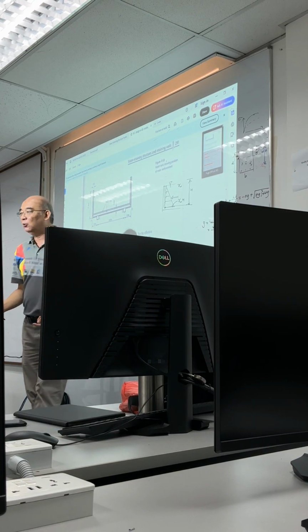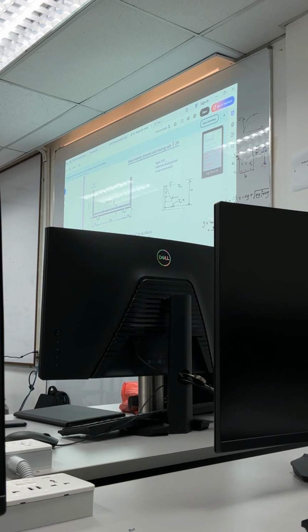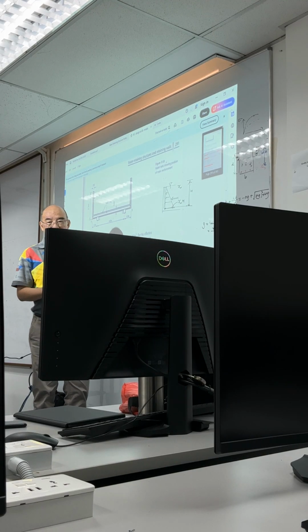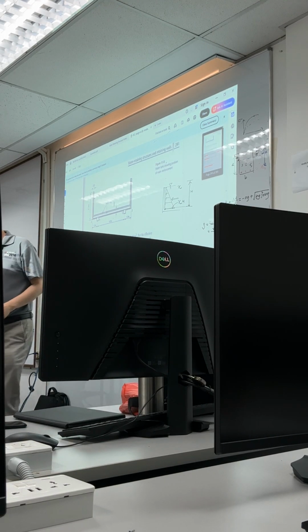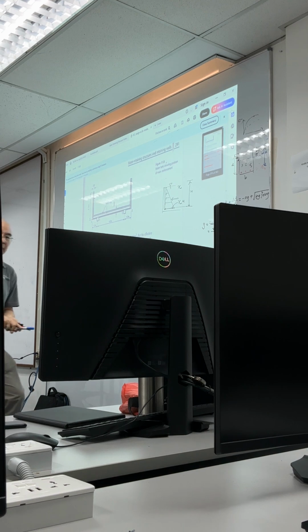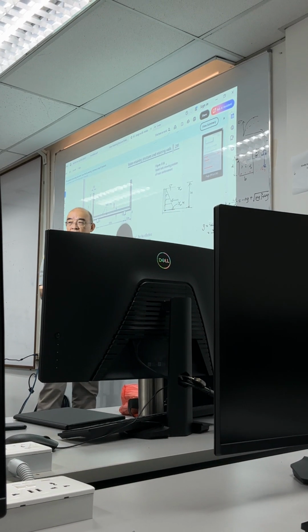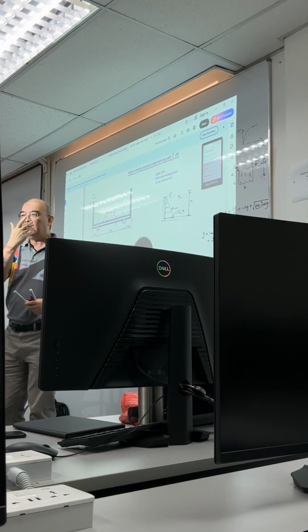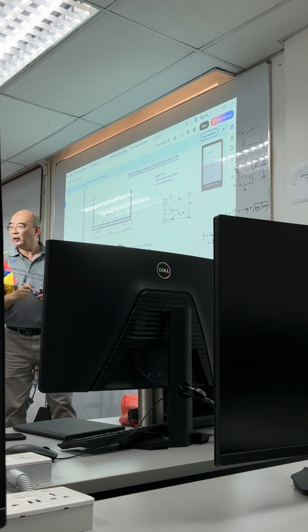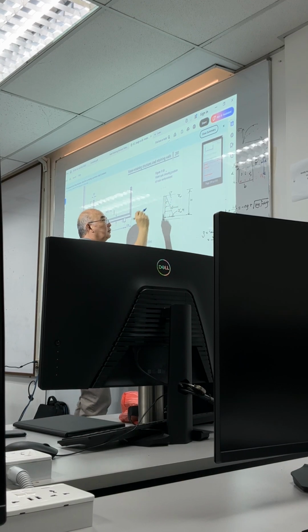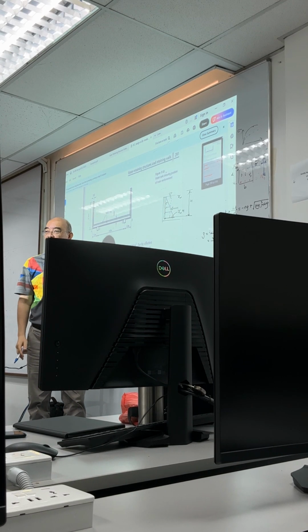I look at it another way. How do I look at it? This is a linearly increasing stress, right? I look at the average stress. This will be the average stress, right?